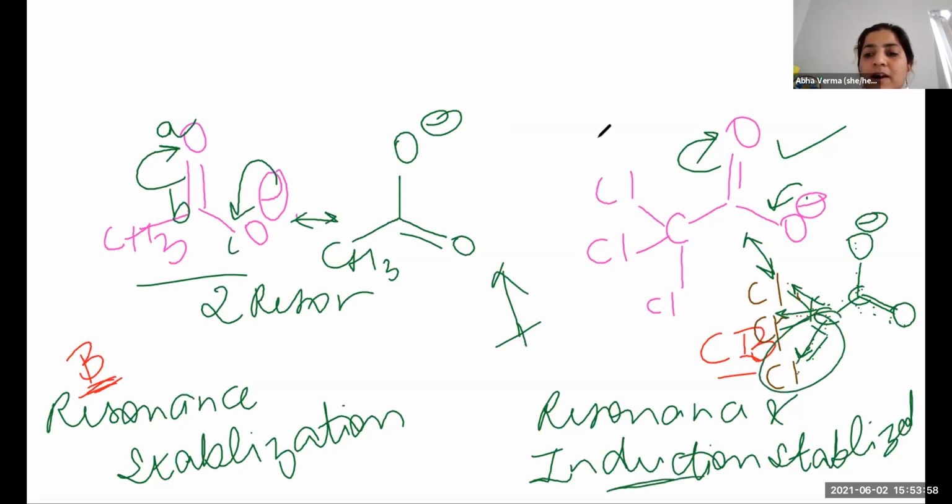But when we're talking about induction, we are actually thinking about the pull of electrons all of the structure is feeling because of one chlorine, two chlorines, three chlorines. So this pull of electrons is spreading throughout, and this spreading of electrons is what is causing further stabilization of this conjugate base.